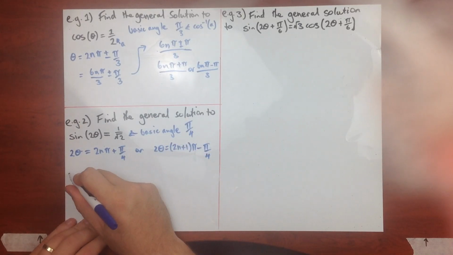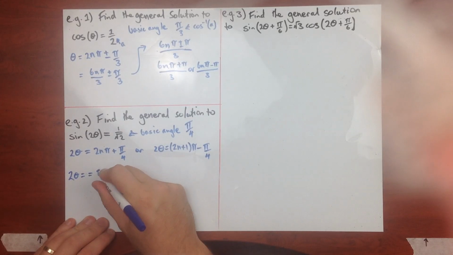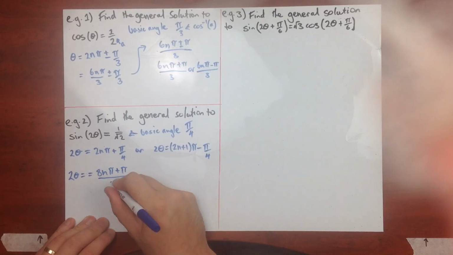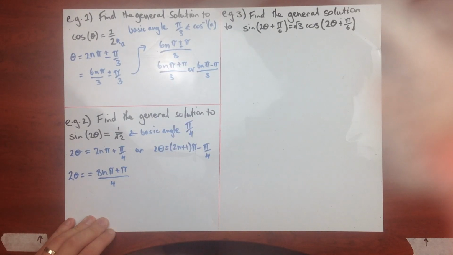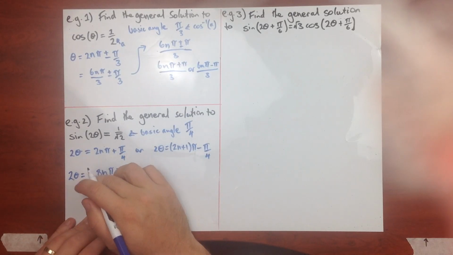Okay, so again, we can fix these up a little bit and say 2 theta equals 8n pi plus pi on 4. I probably should have done it up there. We can make this look a bit nicer too.